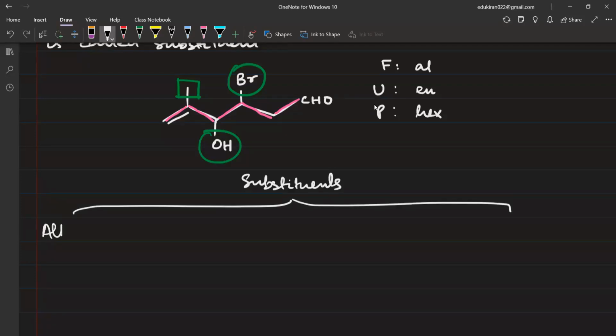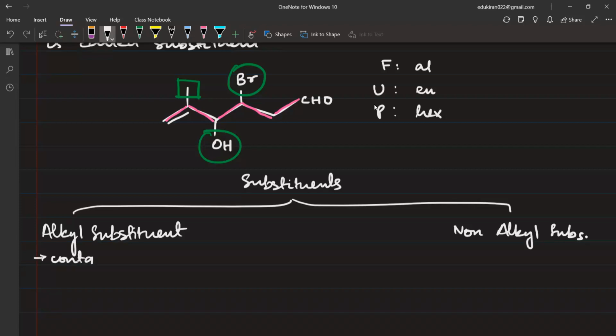One is alkyl substituent, and the other is non-alkyl substituent. So what is alkyl substituent? It contains only carbon and hydrogen.